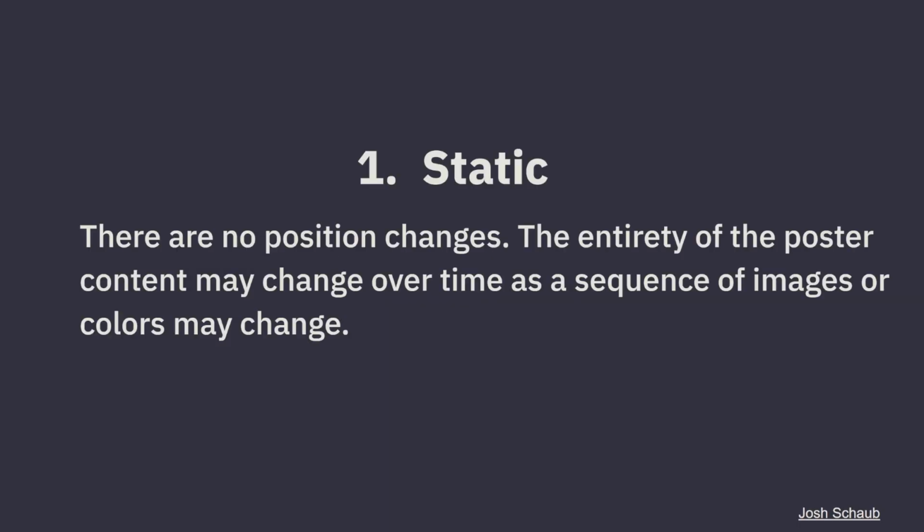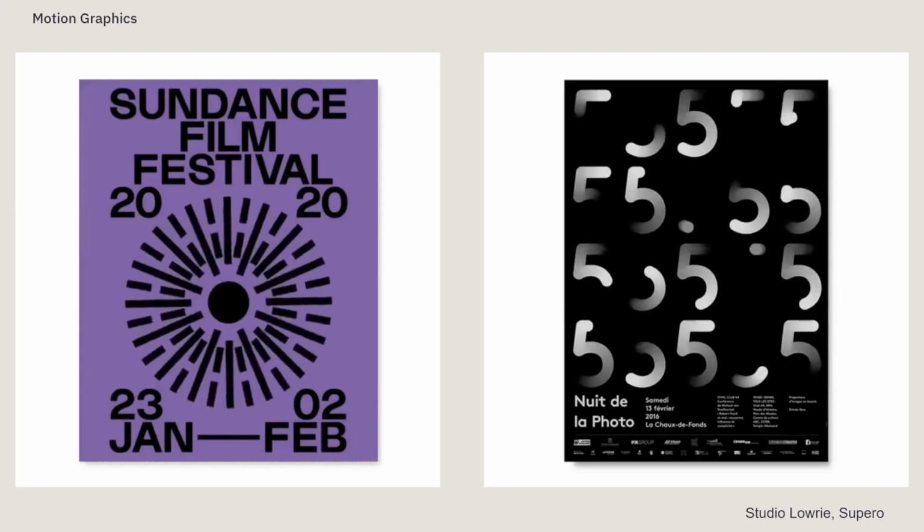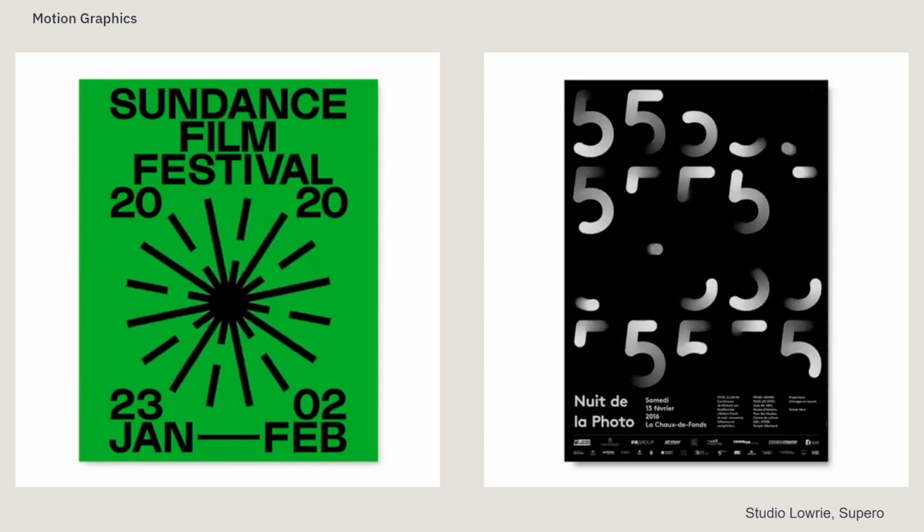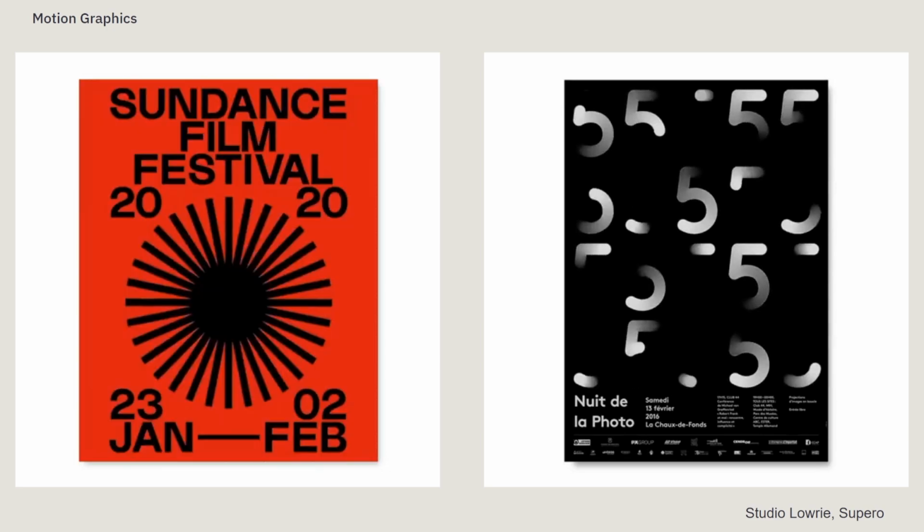So, the categories that Josh presents are three. The first one is static, which means there are no position changes on the poster. Essentially, the entirety of the poster contents can change over time as a sequence of images, or the colors may change, but the composition stays the same. These are examples of static motion posters.